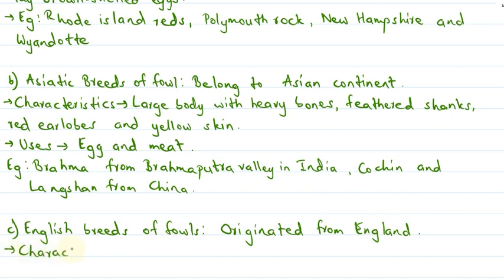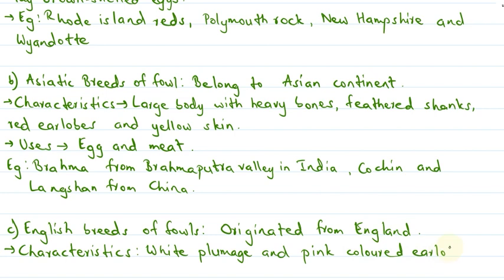We would talk about the characteristics. Under characteristics, we can say that there is the presence of white plumage and pink colored earlobes.